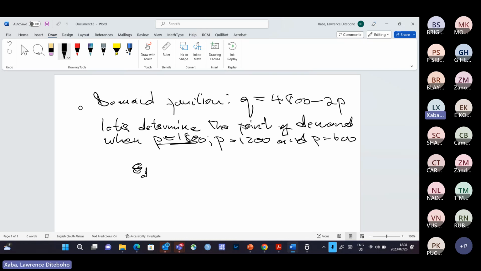It's elasticity, E subscript D, equals, if you remember your formula, negative B times P divided by Q. So this is the formula that you're going to use.